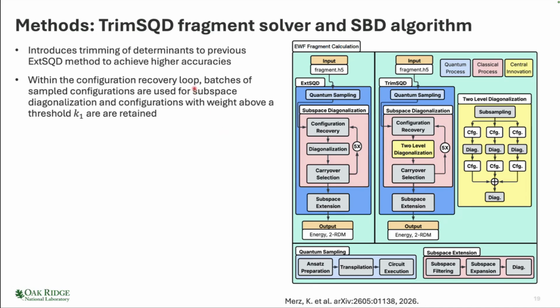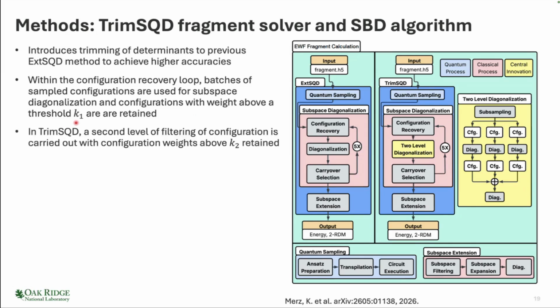So within this configuration recovery loop, you'll then batch sample configurations for subspace diagonalization and only keep those with a weight above a certain threshold K1. Then there's a second level of filtering of configurations here to keep those with configuration weights above K2.